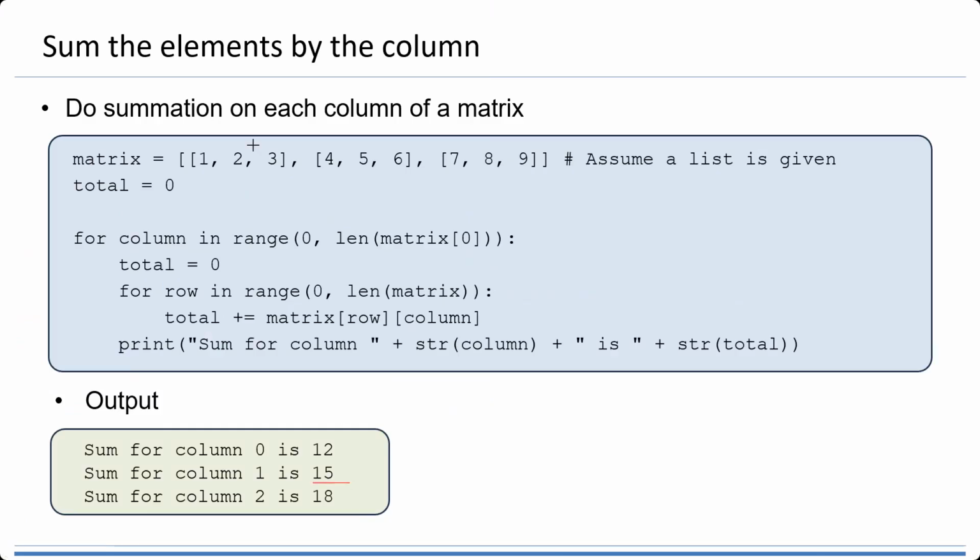The 15 means we will do the addition 2 plus 5 plus 8. And then this 18 means 3 plus 6 plus 9. We make the opposite of column and row in order to get the column wise.